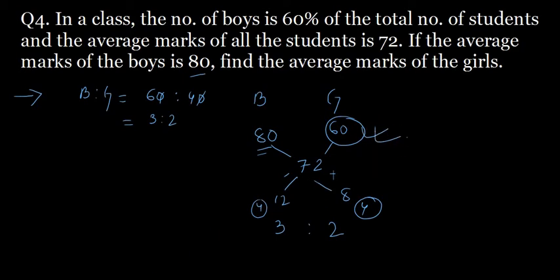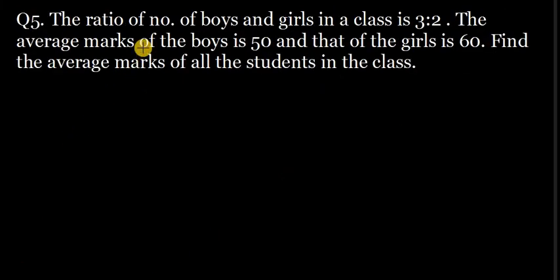Next question. The ratio of number of boys and girls in the class is 3:2. The average marks of the boys is 50 and that of the girls is 60. Find the average marks of all the students in the class. So we pick the ratio of number of boys and girls, 3:2.